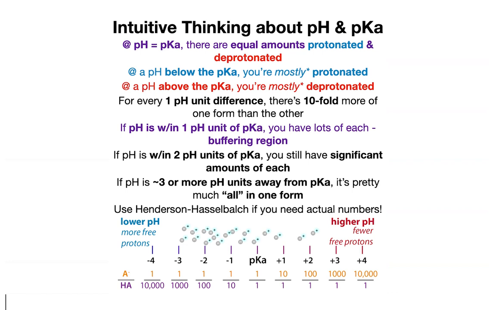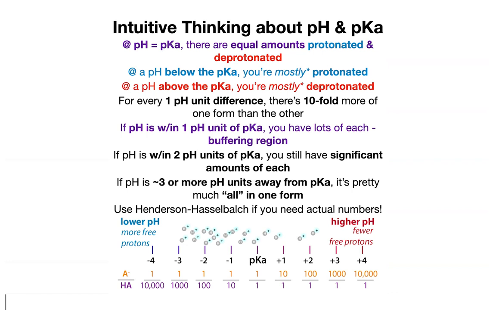If you go 2 pH units above, well, now you're going to have 100-fold more of it in the deprotonated state. 3 pH units above, 1,000, 4, 10,000. So you can see that by the time you're a couple pH units away from the pKa, it's predominantly going to be in one form. And if we go the other direction, if we go below the pKa, well, now there's more protons available.